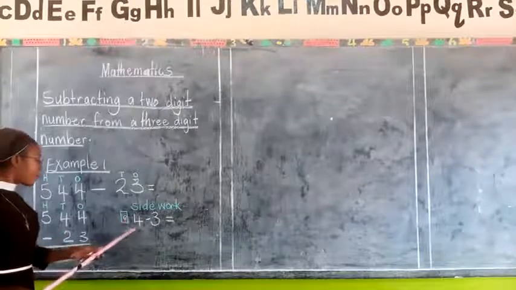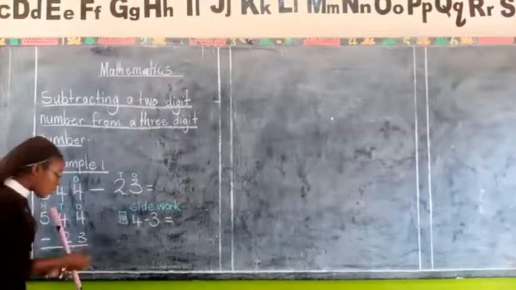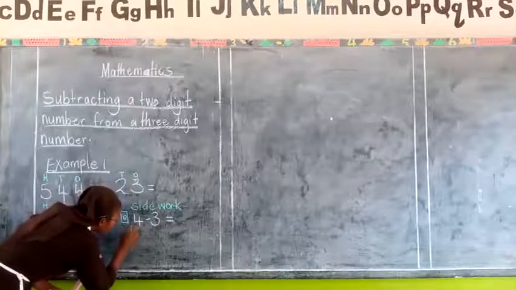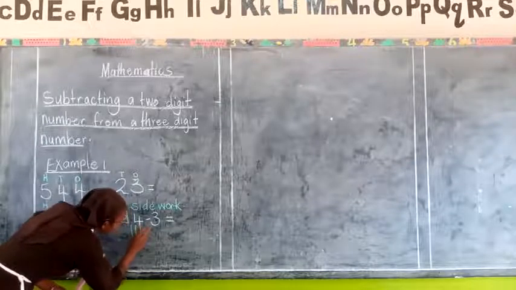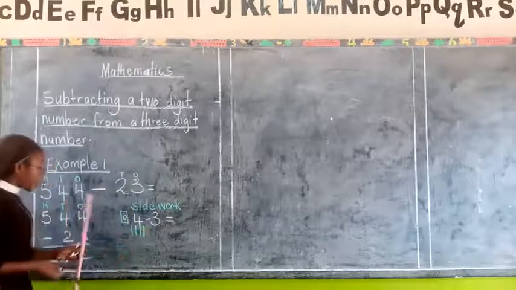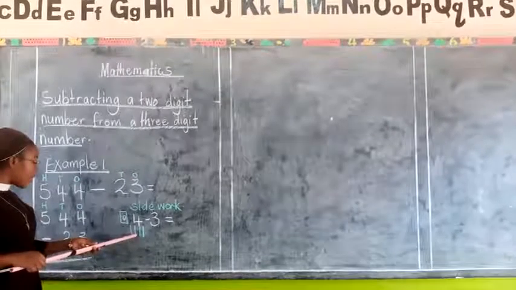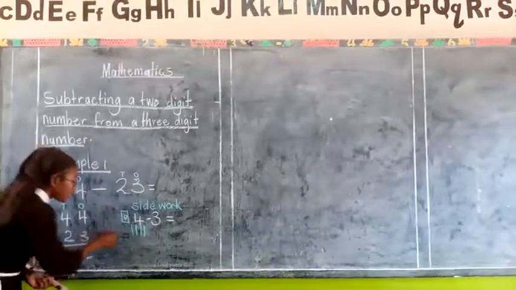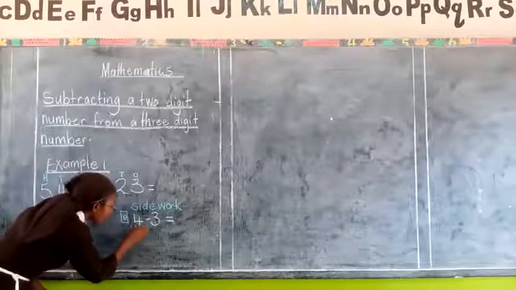Here we have 4 take away 3, meaning we are going to draw 4 counters here. 1, 2, 3, 4. Out of these 4, we are supposed to take away 3, meaning we are going to cancel out the 3. 1, 2, 3.